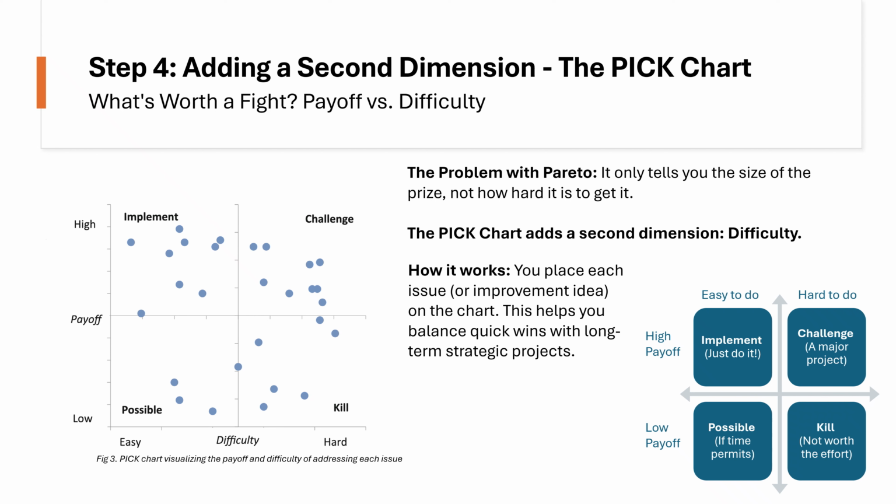These are your major projects. The top left, implement, is the sweet spot, high payoff and easy to do. You should address these projects immediately. The bottom left, possible, are minor tweaks you do if you have spare resources. And the bottom right, kill, should be avoided entirely because the payoff doesn't justify the effort.